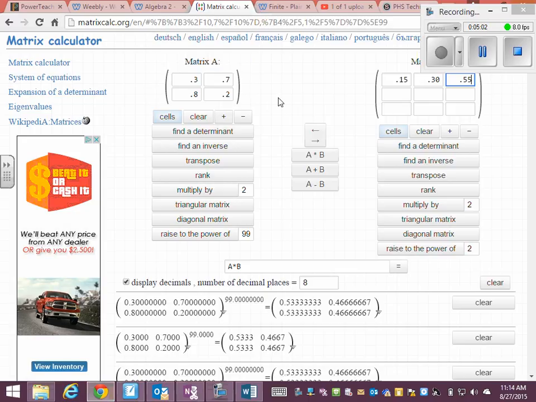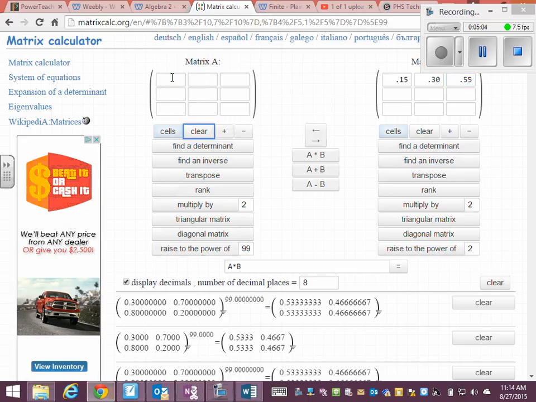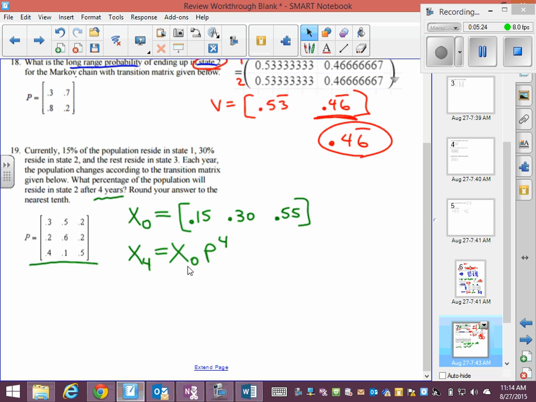And the transition matrix was 0.3, 0.5, 0.2, 0.2, 0.6, 0.2, 0.4, 0.1, 0.5. I just want to check that and make sure that's right.